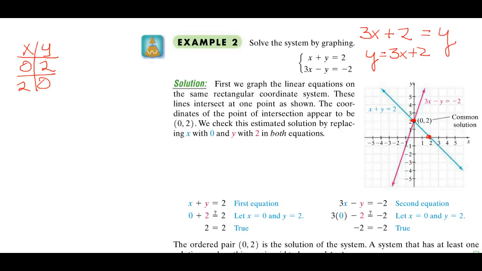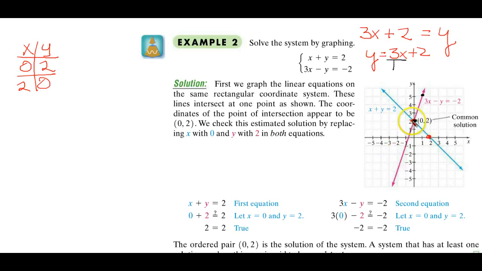So when I graph this, again, my y-intercept is 2. Oh, that looks like a point of intersection. And my slope is 3 over 1. So I would go over 1, up 3, right there, and that would be my second line.